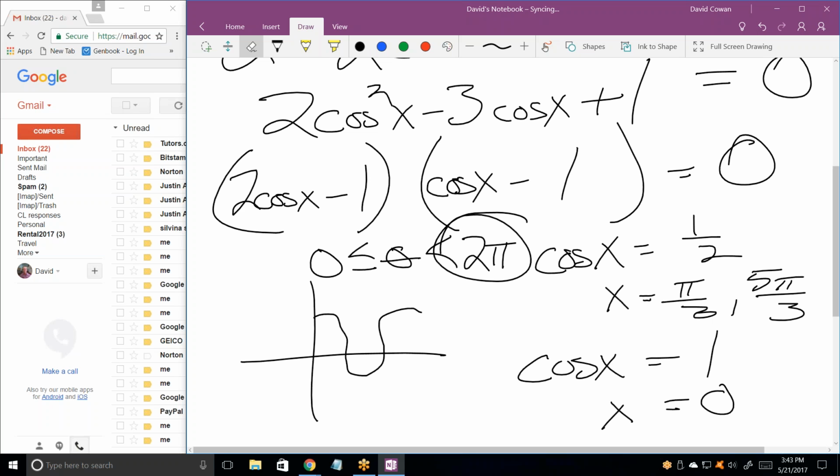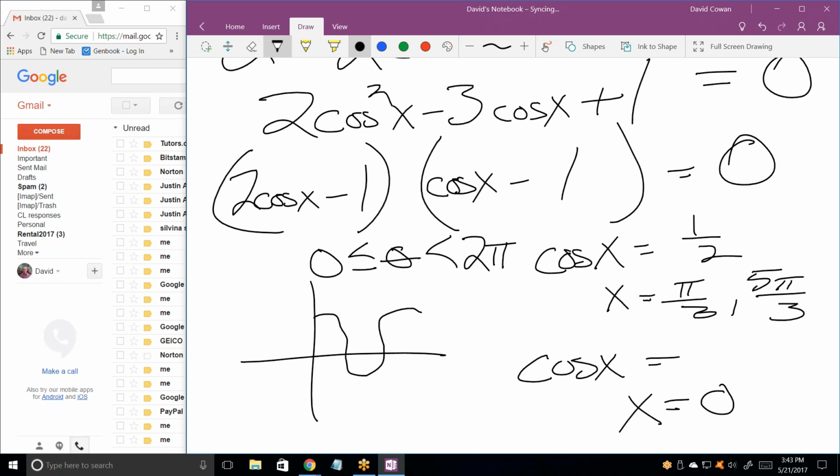I have never seen a less than or equal to there, because they don't want you having to put two answers that are the same. In other words, 0 and 2 pi are the same angle. So they only want you to go from one to the other, but not including both. So again, there's only one answer for the bottom one, but we have 3 solutions.